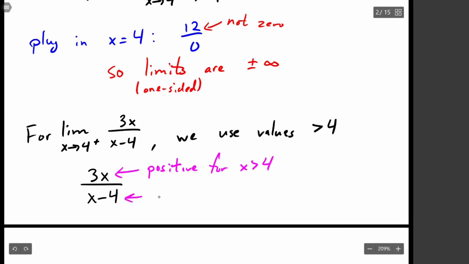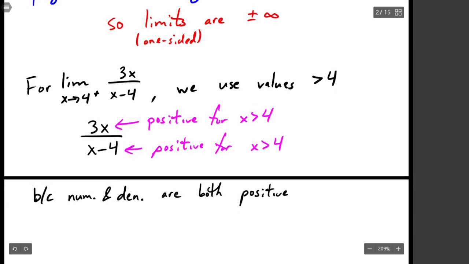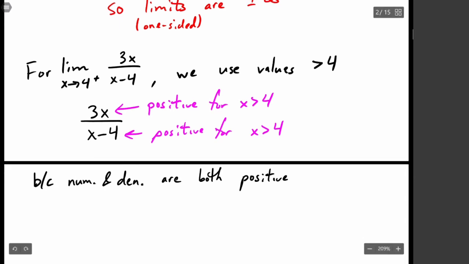Down here, this is also positive for values of x bigger than 4. Since the numerator and denominator are both positive, what would the sign of a fraction with a positive numerator and a positive denominator be?